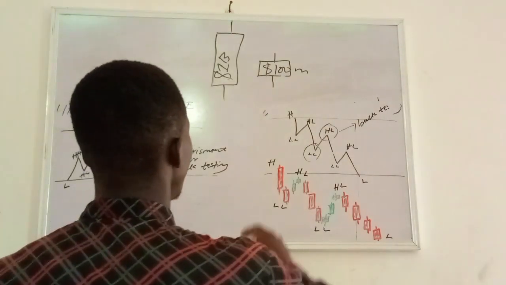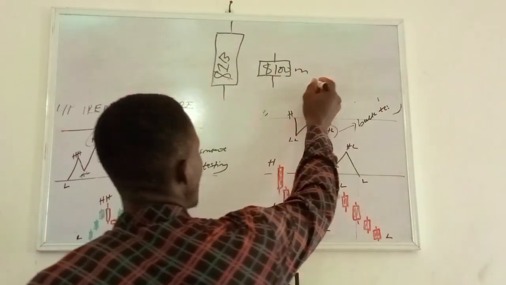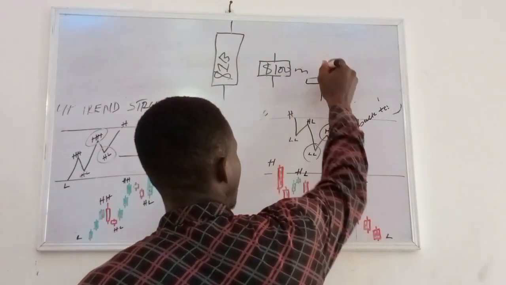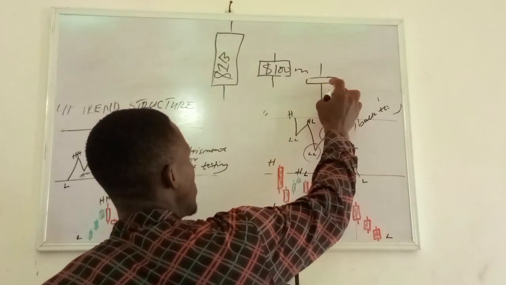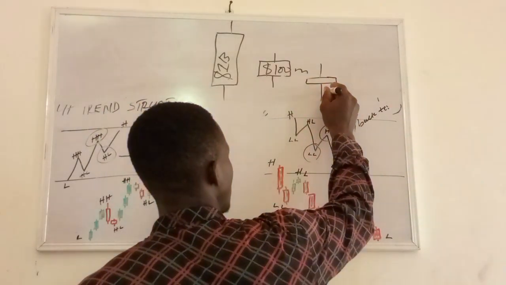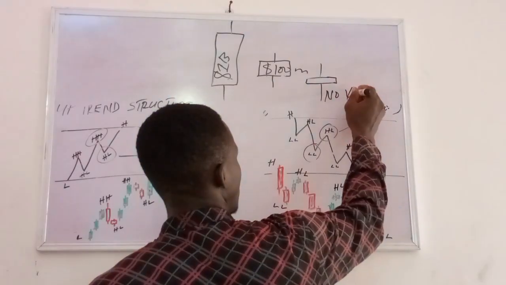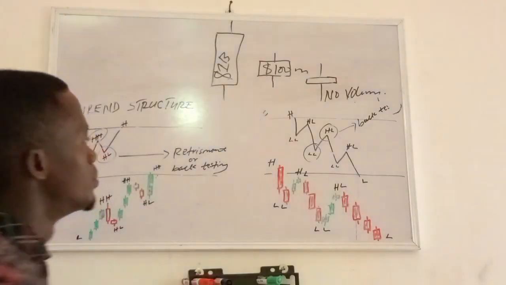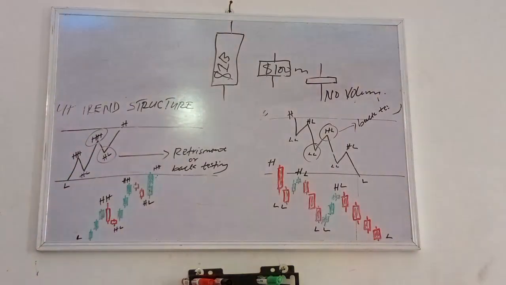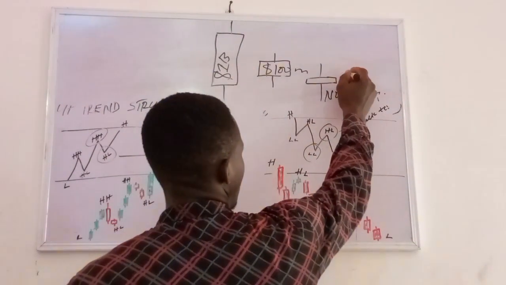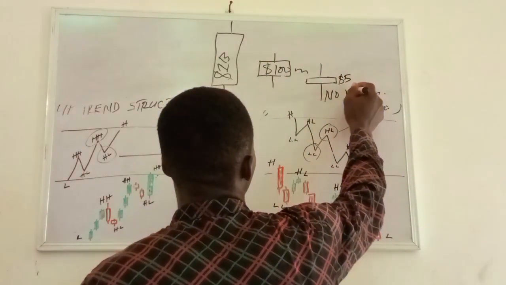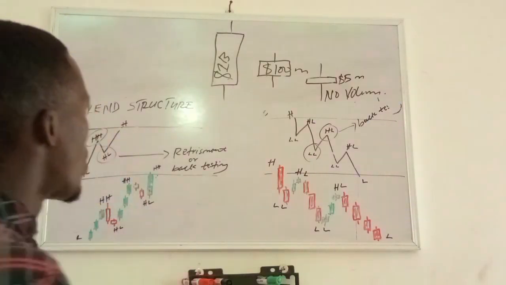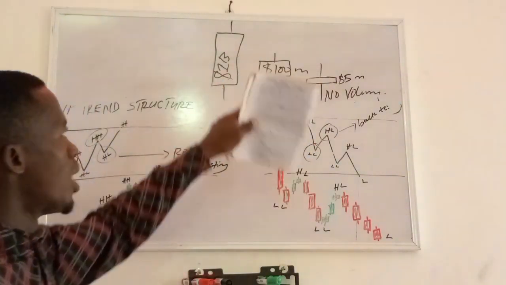Okay, let me take another. You might see another candlestick like this. This candlestick has no volume. Let me just say there is just $5 million here, and here we have $100 million, and here we have $1 billion.